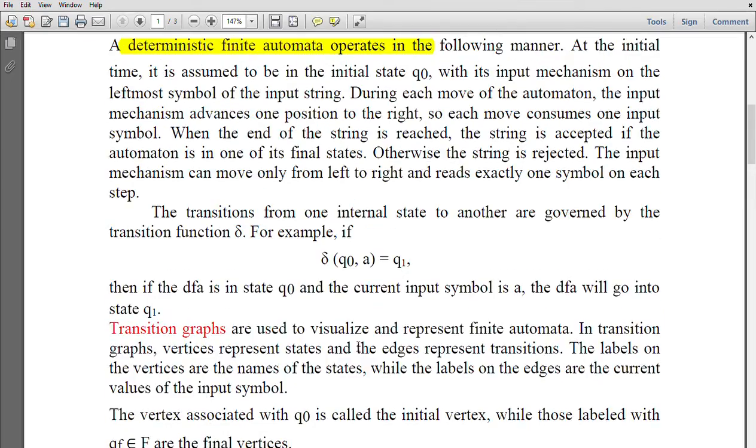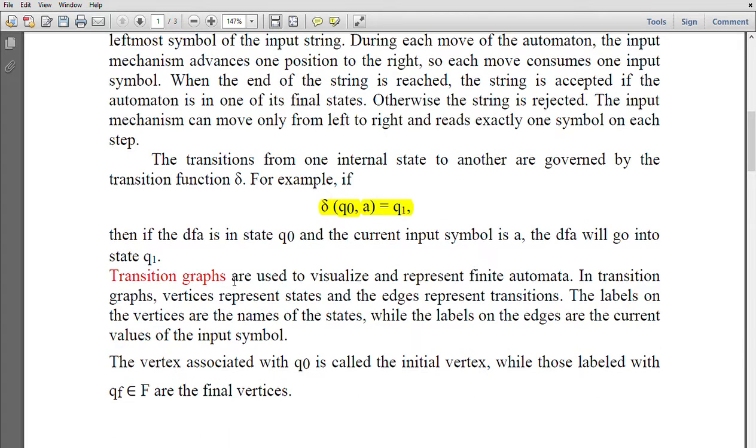We have seen how the transition, this is the transition function. We have seen this in detail, and also transition graphs. These are basically used to visualize and represent the finite automata. This is the definition. You can see what is there in transition graph.